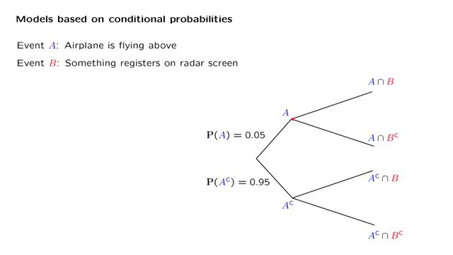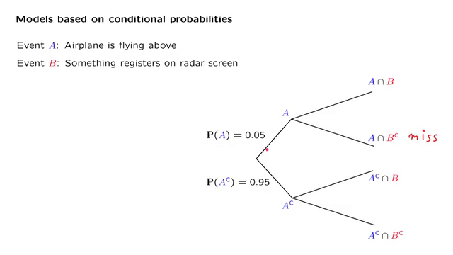If there's a plane up there, it's possible that the radar will detect it, in which case event B will also happen, but it's also conceivable that the radar will not detect it, in which case we have a so-called miss. And so a plane is flying up there, but the radar missed it, did not detect it.